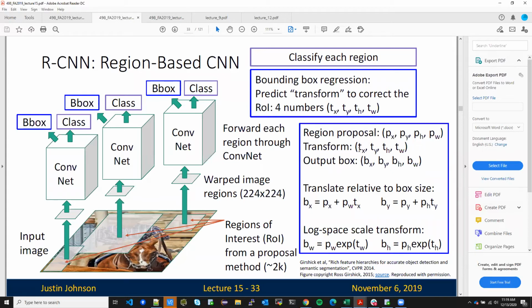In the regression, we try to predict tx, ty, th, tw, and basically the final output box is based on bx, by, bh, bw, and there is some equation here that was implemented in the paper. I didn't follow the log scale, but maybe I'll try to put a link to this part of it.